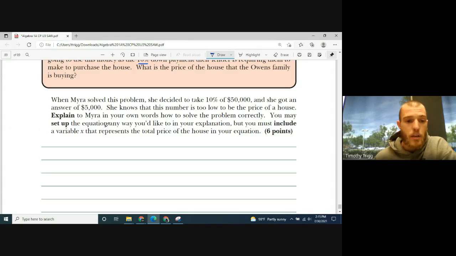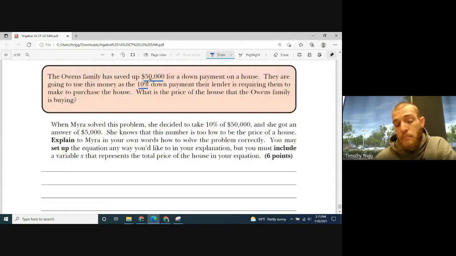You may set up the equation any way you like in your explanation, but you must include the variable x that represents the total price of the house in the equation. So this $50,000 is 10% of the house.